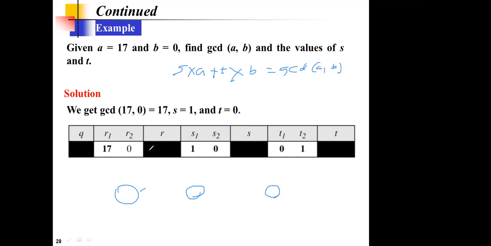So if one value is 0, only S into A remains, and this value will be A, then definitely this S will be 1 into A. So this is from the trivial condition.